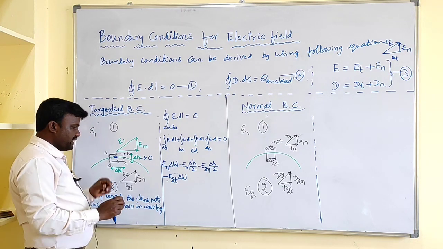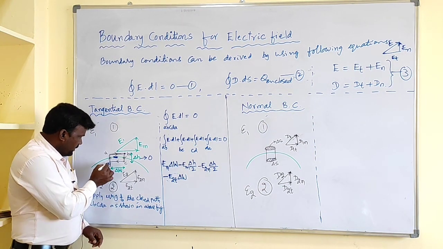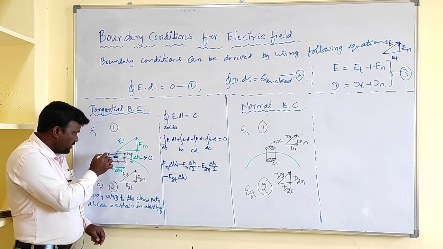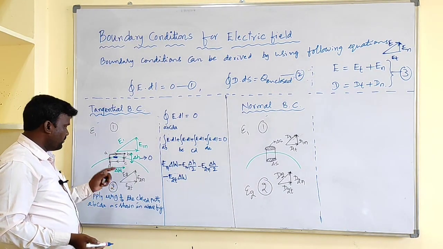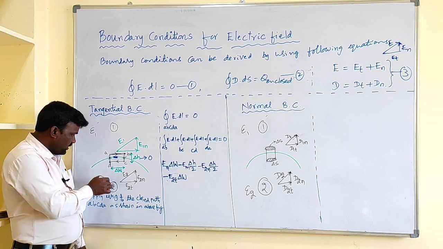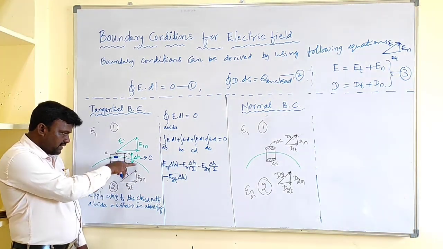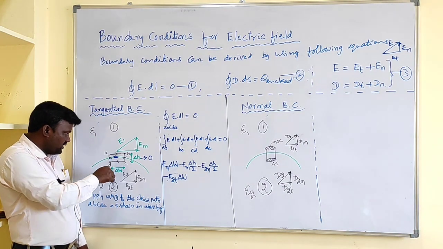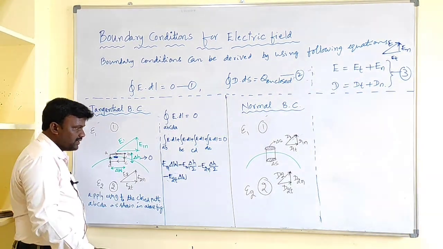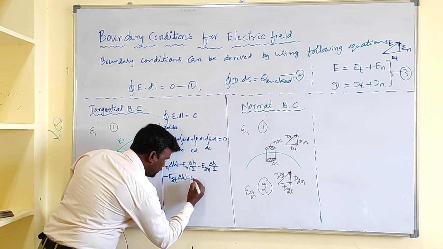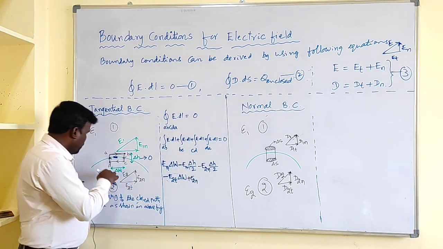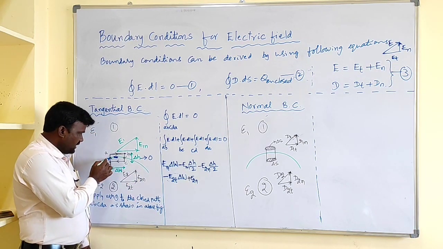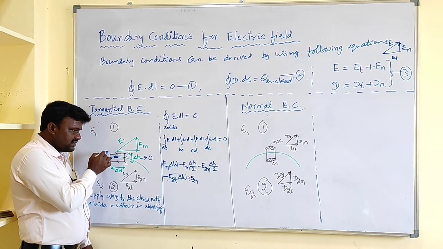And next again D to A. So D to A, we can take this point to this point. It is covered in the second medium, whereas this point to this point it is in the first medium. From this point to this point, the field component is a normal component, that is E2n, in upward direction. Our closed path direction, D to A direction, is also the same. That's why we can take E2n. Total height is delta h, whereas here it is equally covered in the second medium as well as in the first medium.